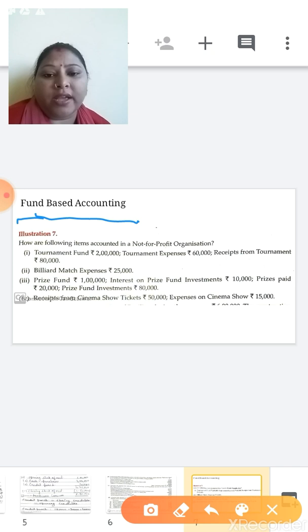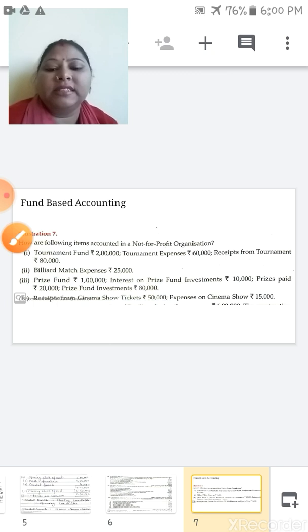Tournament fund is 2 lakh. Receipt from tournament is 80,000, and there are tournament expenses. The accounting treatment is tournament fund, add tournament receipt, then subtract the expenses from that fund. From that fund you have to subtract the tournament expenses.